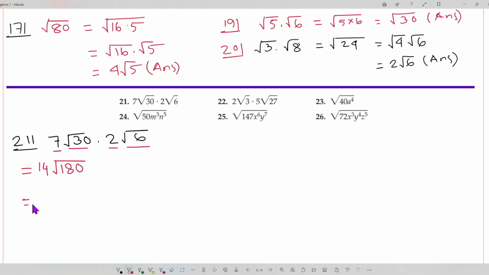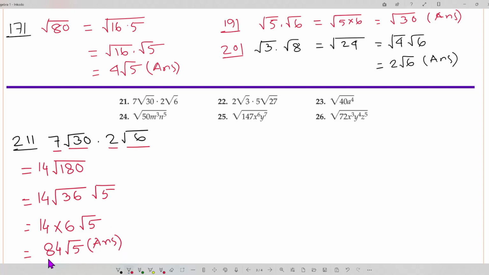And then look, 14 times this 180 we can write root 36 and root 5. 36 times 5 is 180. So here is 14 times root 36 means 6 and here is root 5. So now this 14 times 6 is 84 and here is root 5. This is our answer. Okay, so number 21 done.